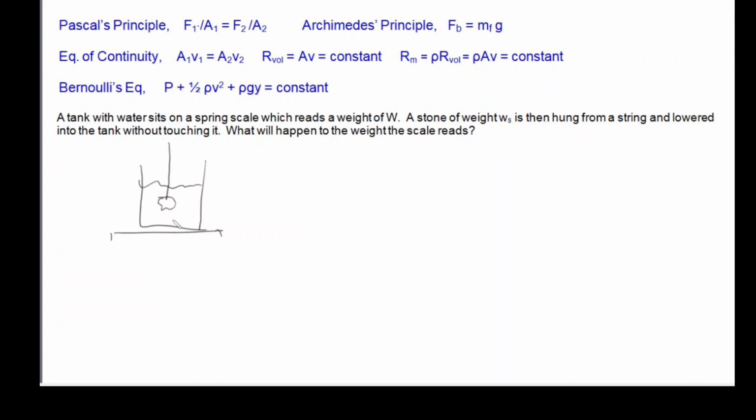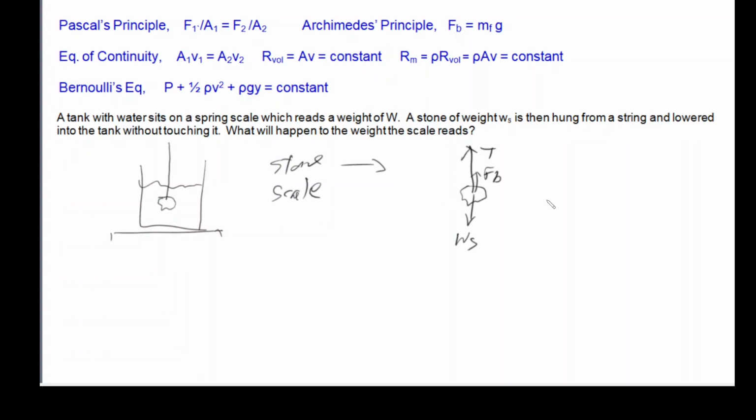So let's draw a free body diagram. But first, realize we have two systems. We have the stone system and the scale system. So if we look at the stone system and draw a free body diagram of the stone, okay, we have tension, we have buoyancy force, and we have weight, W sub s.